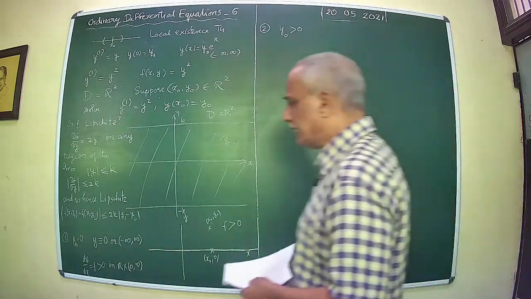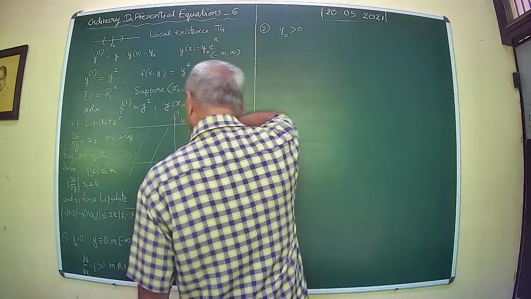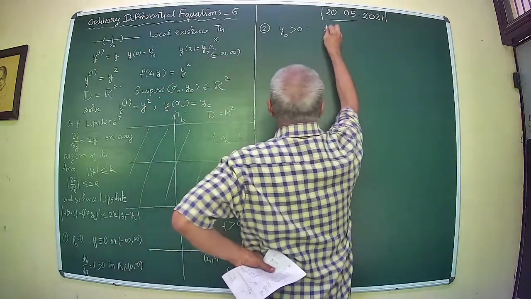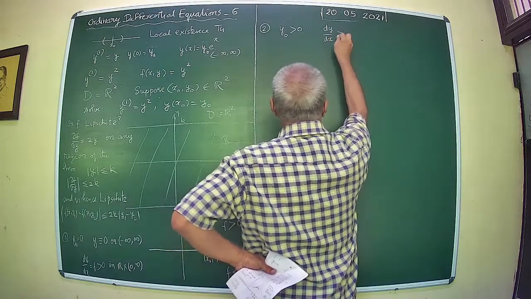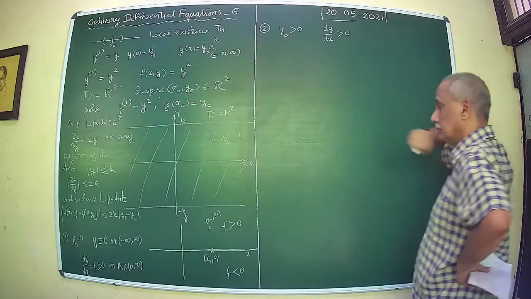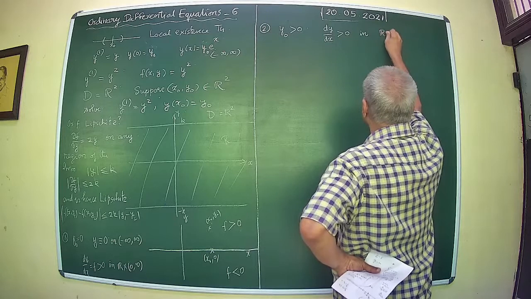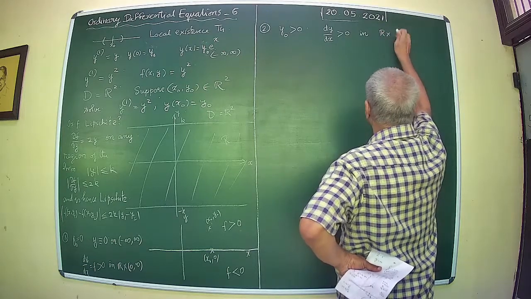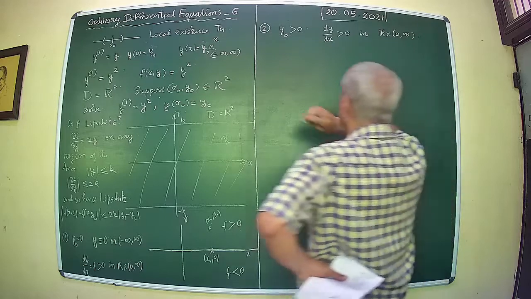And you see that if you are in the upper half plane, then therefore what you can infer is that dy by dx is positive.